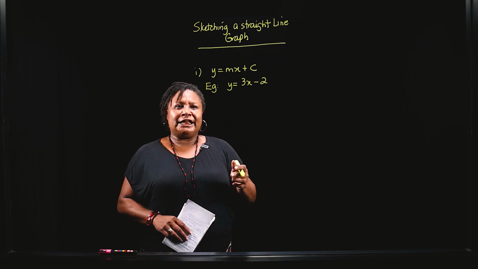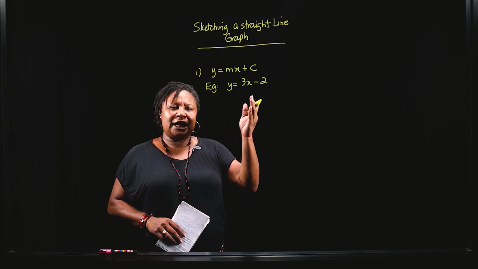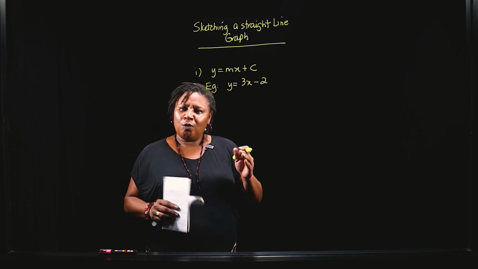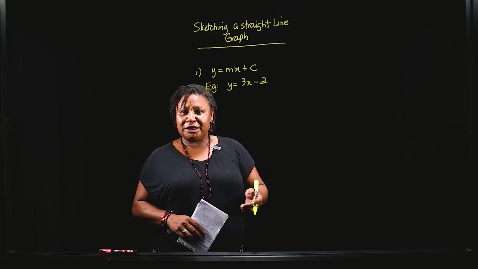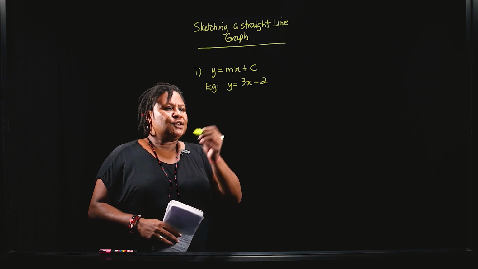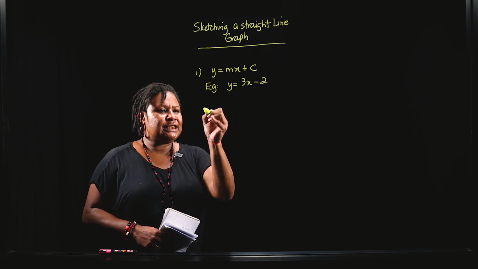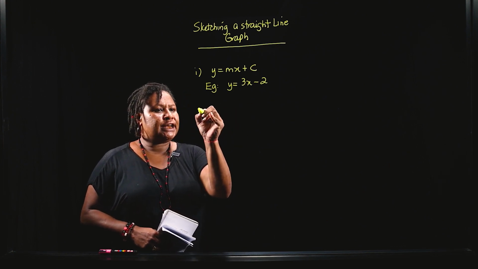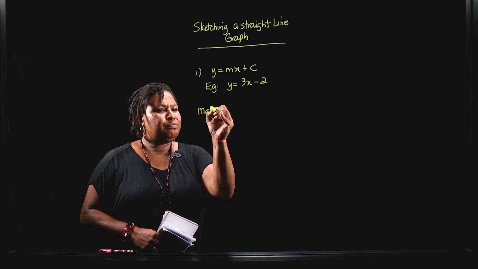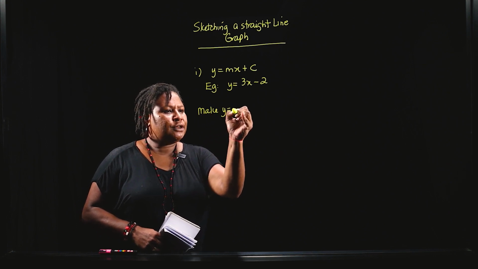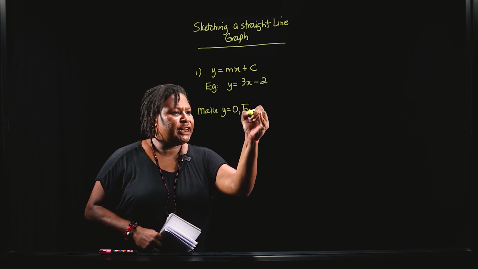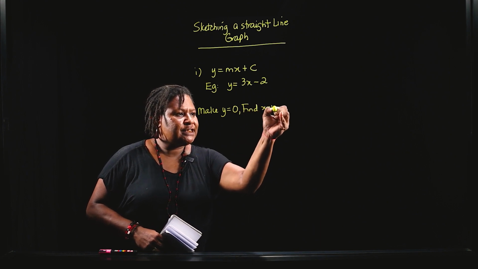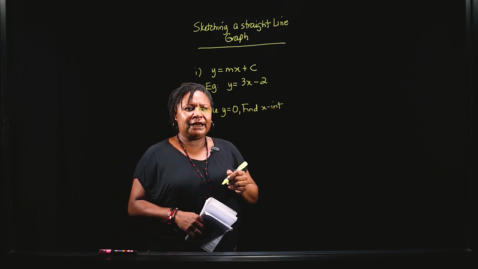And we've already learned that whenever the line cuts those axes, one of the coordinates will be 0. So if we are going to find the x-intercept, we make y equal to 0 so that we can find the x-intercept.